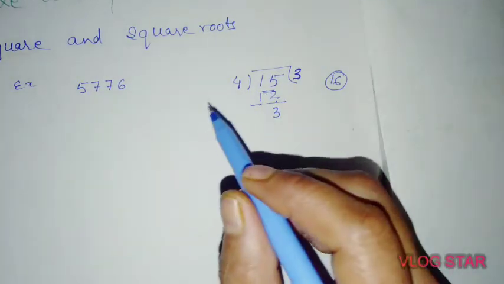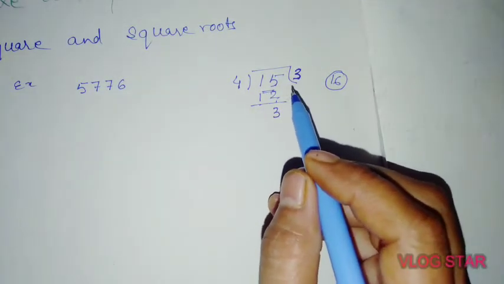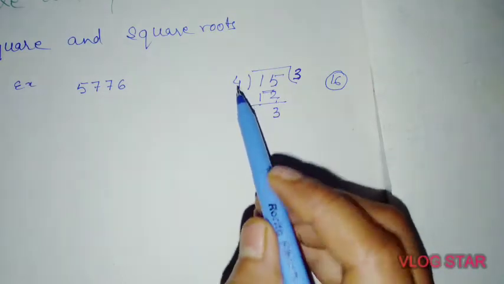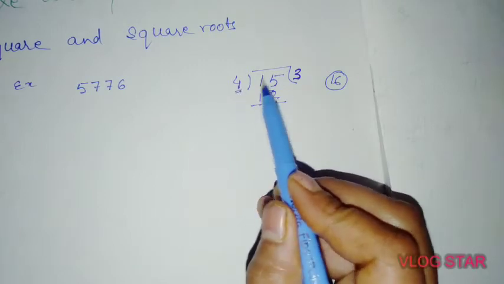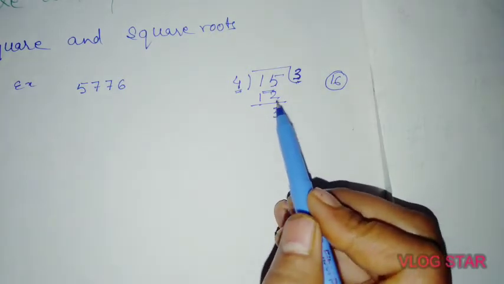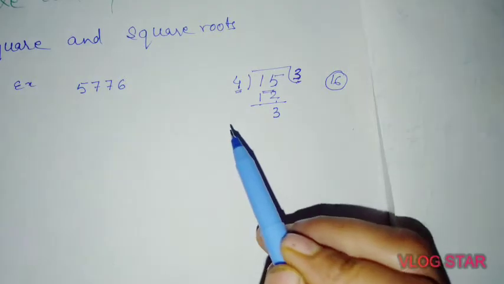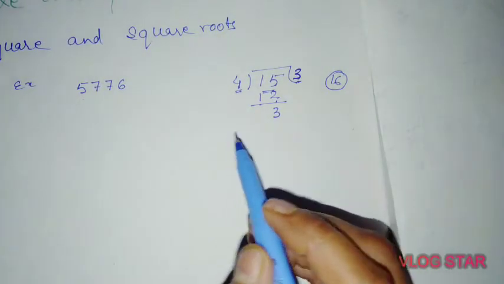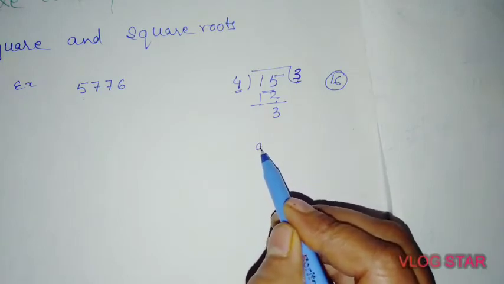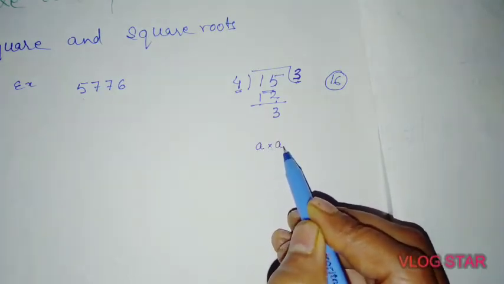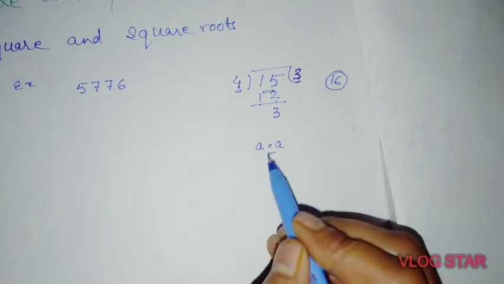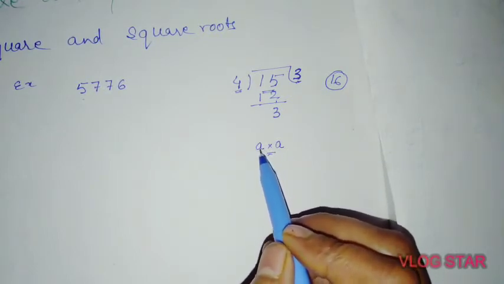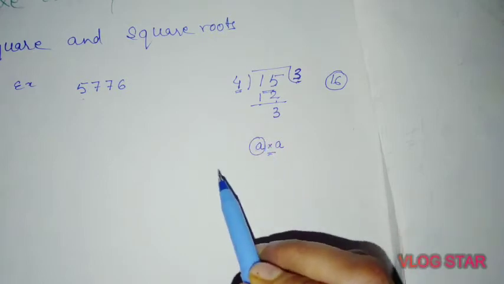In the same way here also you have to find the square root with the division method. You have to remember that this divisor and quotient are multiplied and the number is written here. Because we are finding the square root, and in a square the same number is multiplied by itself, when we find the square root only this single number is to be found.